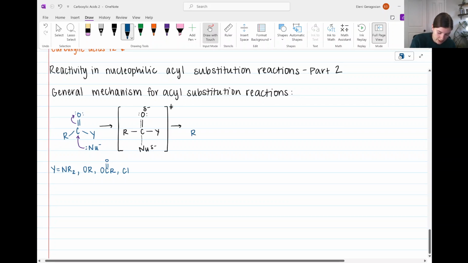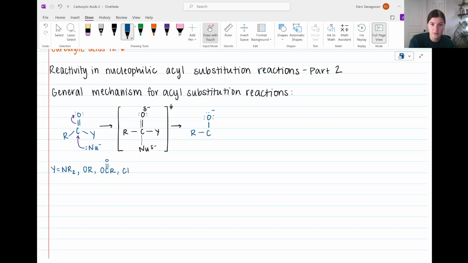now a tetrahedral intermediate. So if we look back at the arrows that we drew on that first structure, we now have a single bond to oxygen. Oxygen gained a pair of electrons, so it has a negative charge. The bond to the Y group has not changed, and we have a new bond to the nucleophile, which is now neutral.